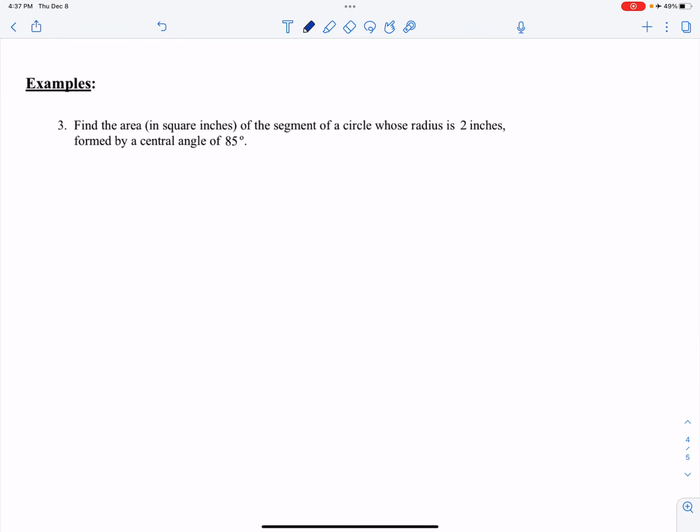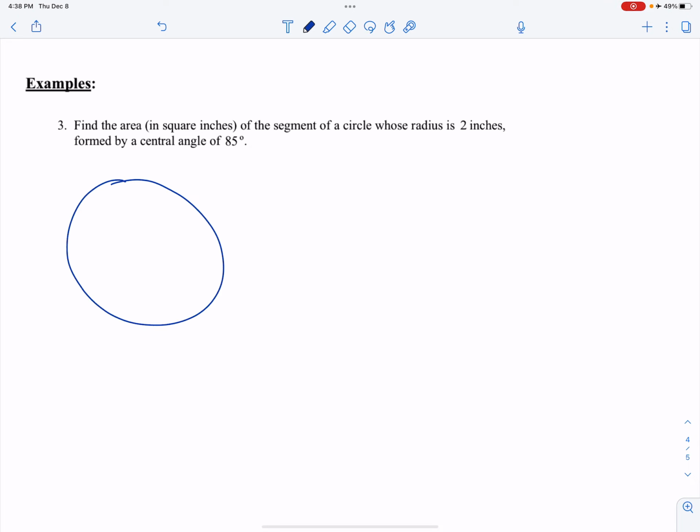Okay, now, like I said, I wanted to tie the areas back into our circles. So let's find the area in square inches of the segment of a circle whose radius is 2 inches, formed by a central angle of 85 degrees. Let me show you what we're even talking about.